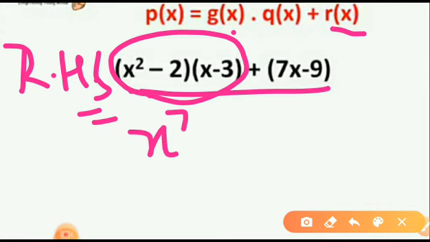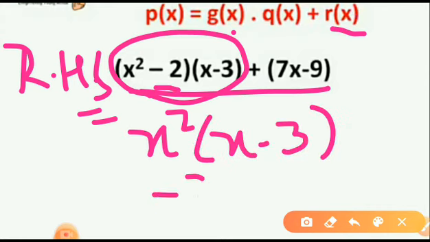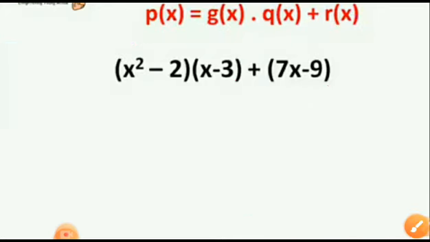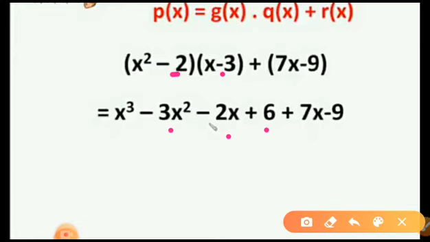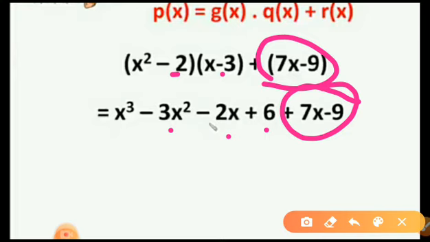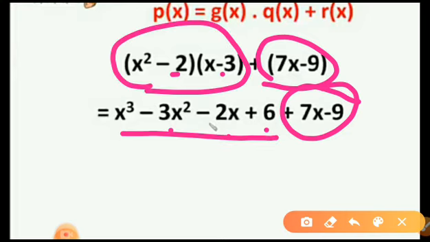It will be x square into x minus 3, then minus 2 into again x minus 3. Multiply x square to each term. So I'll be getting x cube minus 3x square minus 2x plus 6. This term as it is, because I have simplified it here.